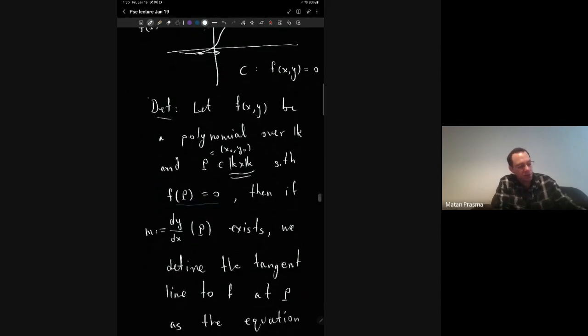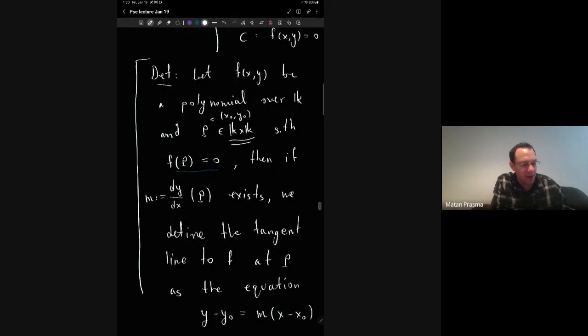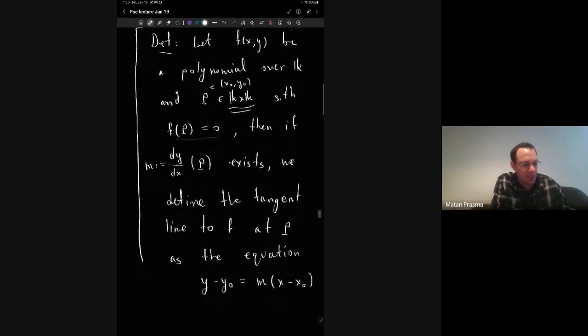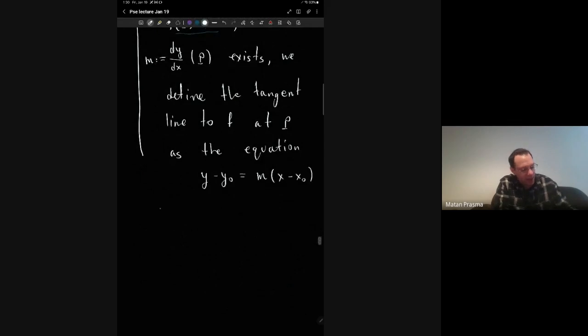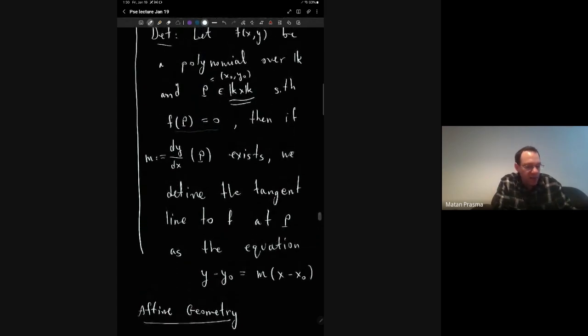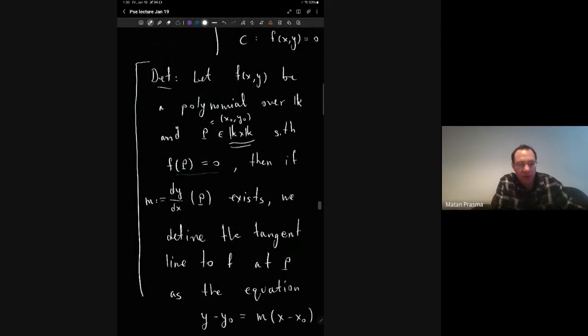So when I try to make this definition, I actually presupposed some basic framework. Namely, what I presupposed is called affine geometry. And in affine geometry, we replace the real numbers with an arbitrary field.